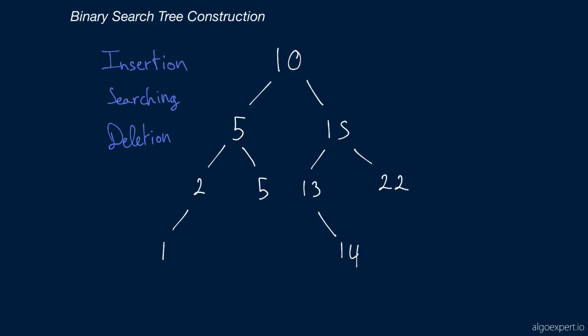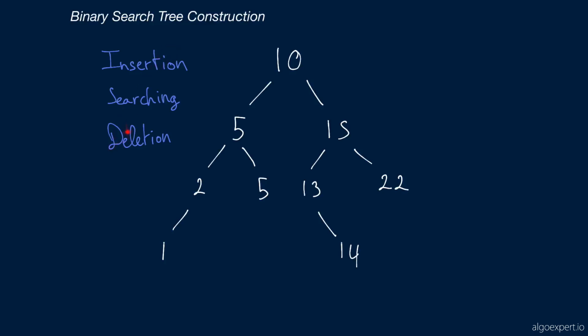In fact, if you're interested in those, you can definitely check out some of the other BST videos that we have right here on algoexpert.io, because we cover them there. But the main methods that a BST absolutely must support are insertion, meaning if you want to insert a new node with a given value in the BST. Searching, you want to find whether or not a BST contains a value. And then removal or deletion, you want to delete a specific value from a BST.